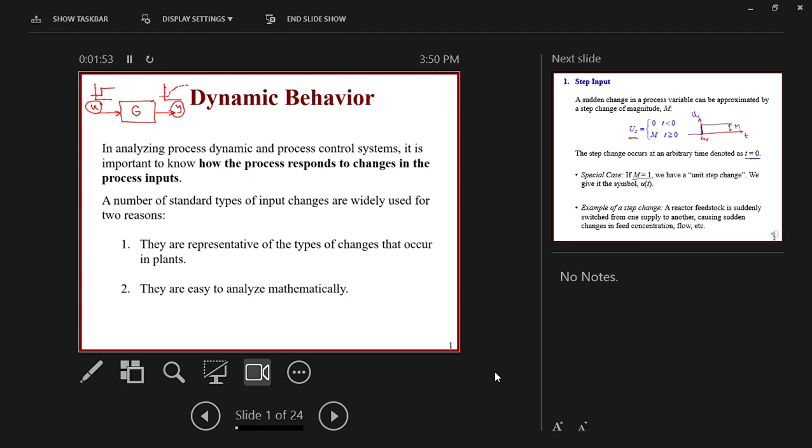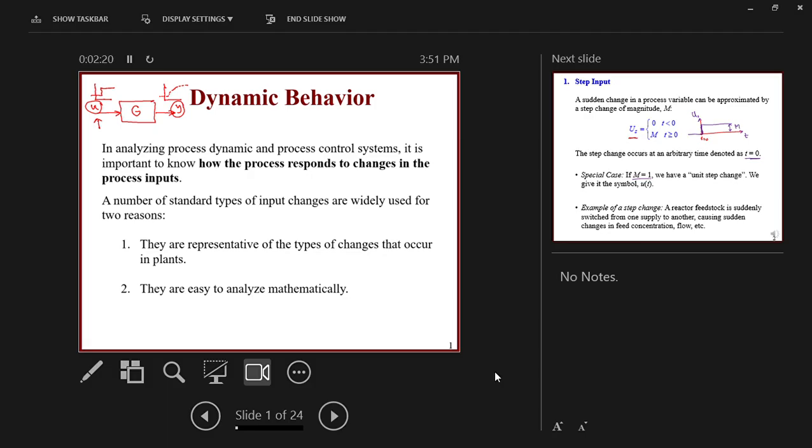Now, these inputs can be very complicated. However, for suitability for analysis, we will study simple inputs that can simplify the different excitations that can happen in the daily operation of a process.